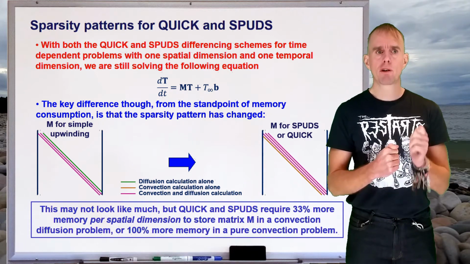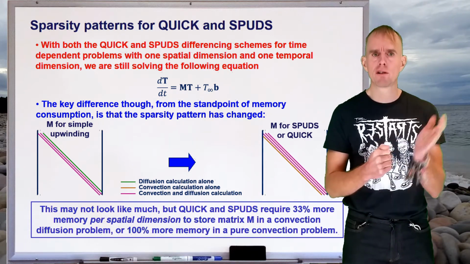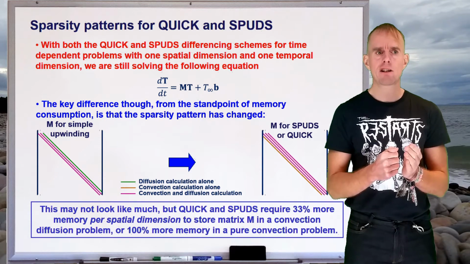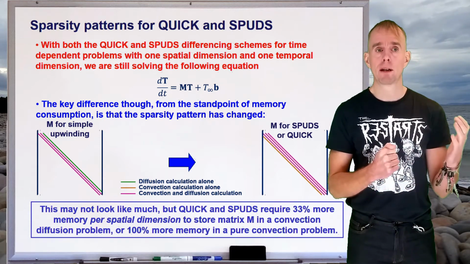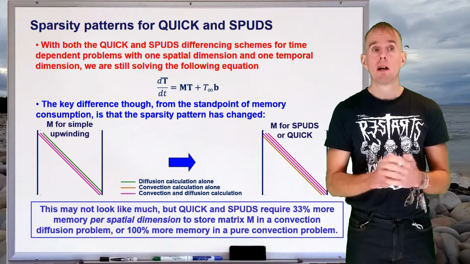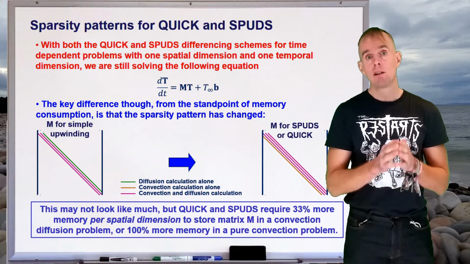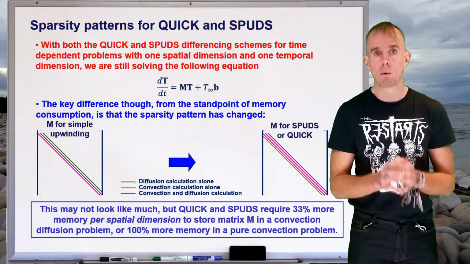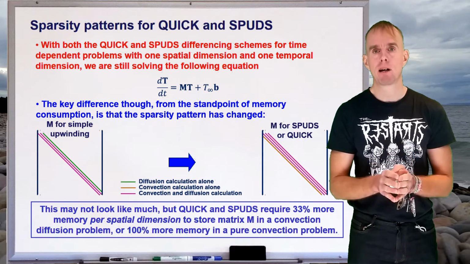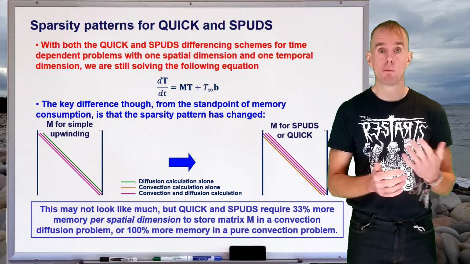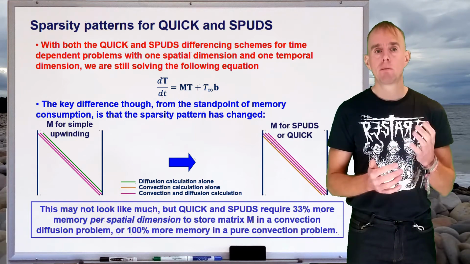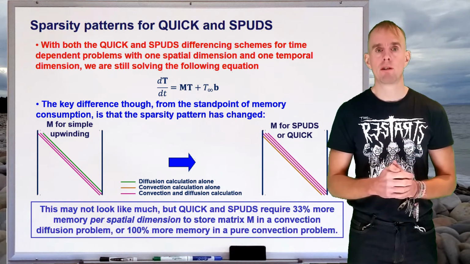If we were just solving a convection problem alone, if we turned off diffusion, then actually we've got 100% more memory compared to simple upwinding when we look at SPUDS and QUIC. So one of the things to remember is that higher order schemes will always involve more memory, and depending on the scale of the problem that you're solving, this may or may not be a problem when compared to the compute resource that you are using.